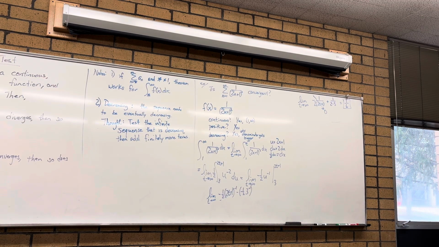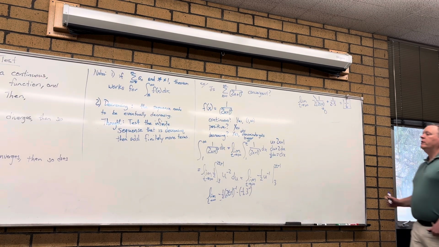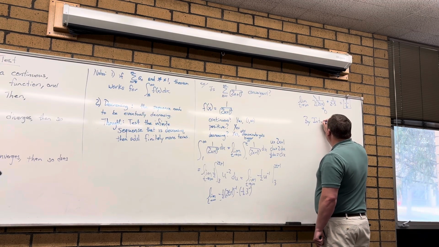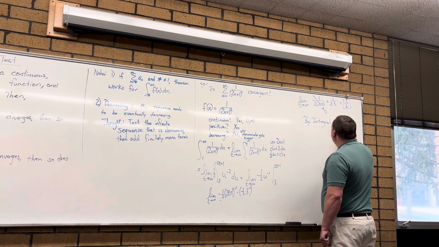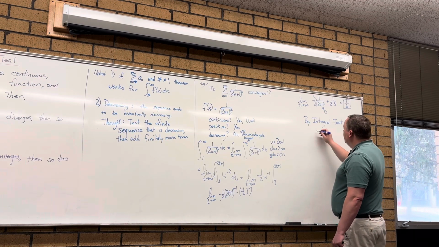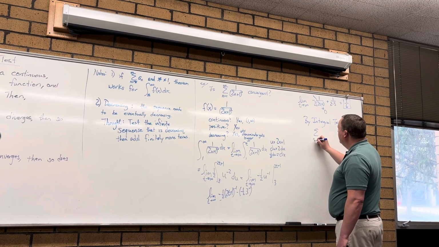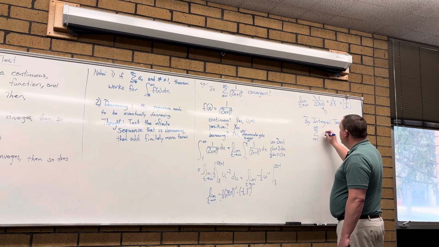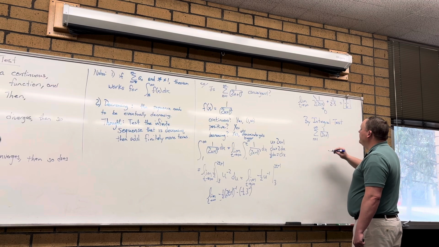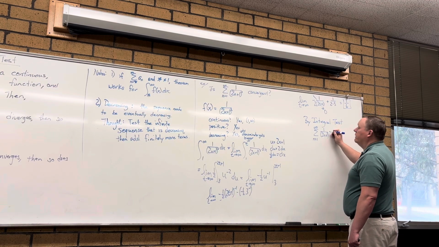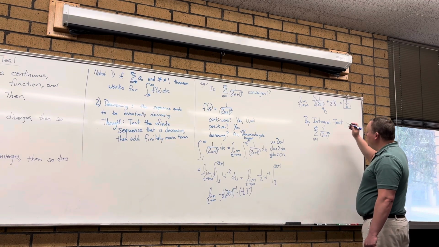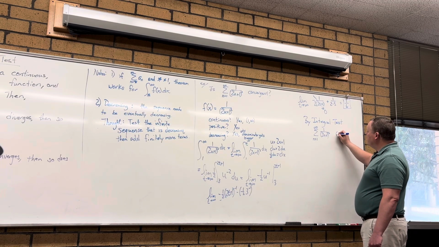Oh, we're not done with the problem yet. By the integral test, the series from n equal 1 to infinity of 1 over 2n plus 1 quantity squared converges.